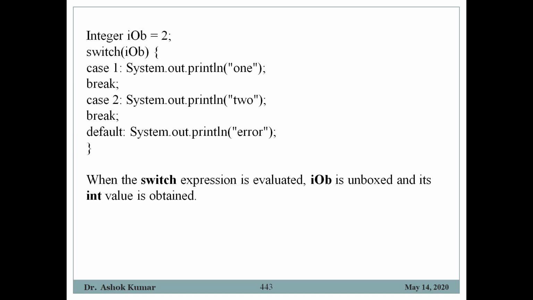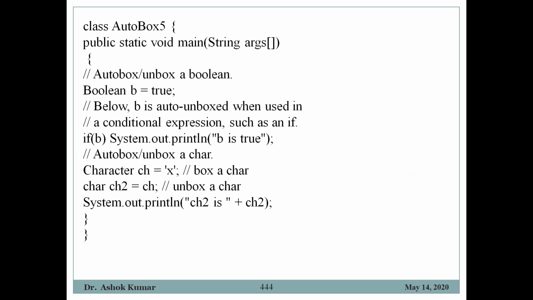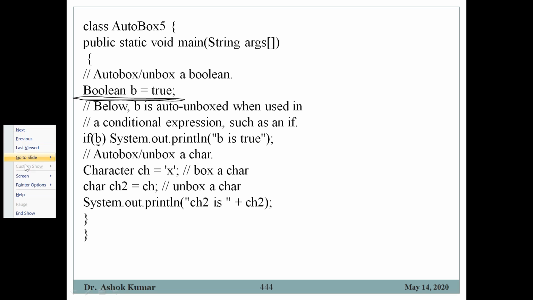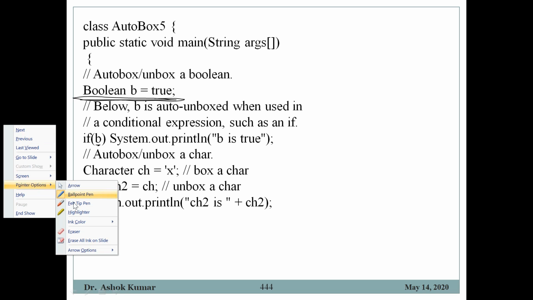And next example is on Boolean. This we have already discussed, but I'm going to discuss whatever is given in this code. So we are creating a Boolean class object over here from this statement. This I am not going to discuss. Then we are using a Boolean object b in the if directly, because we are using the reference of the wrapper classes over here.